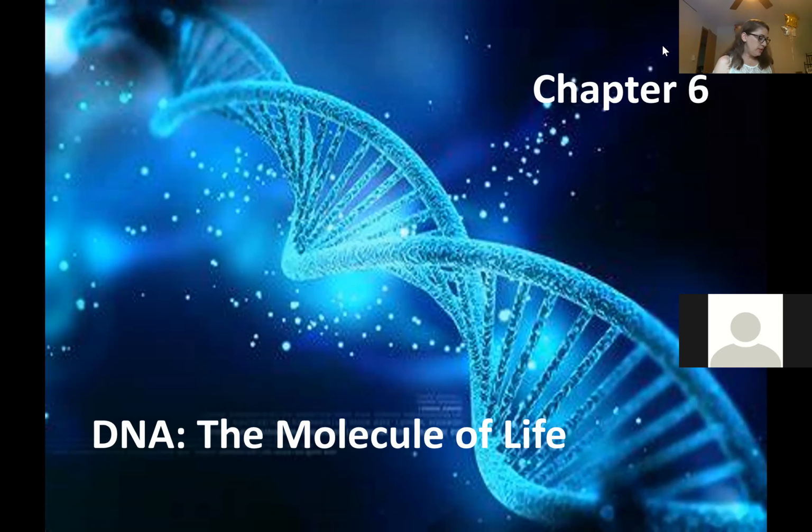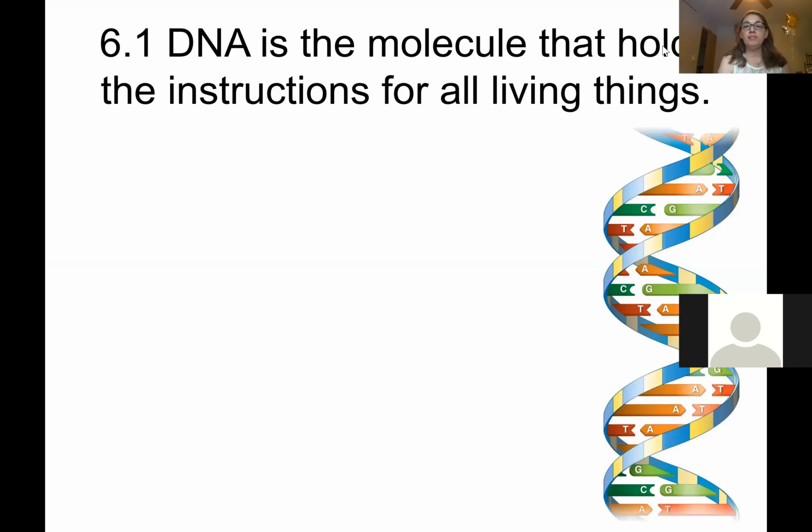Okay, so DNA starts on page 114 in the textbook. This chapter is all about DNA. DNA is the molecule that holds instructions for all living things. It is the universal code for producing proteins, essentially.